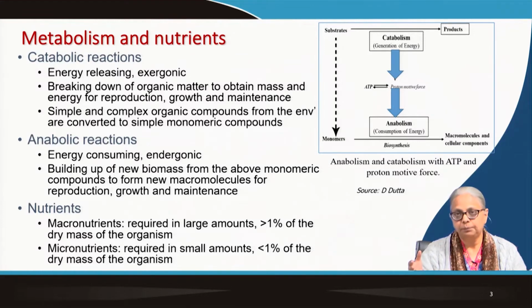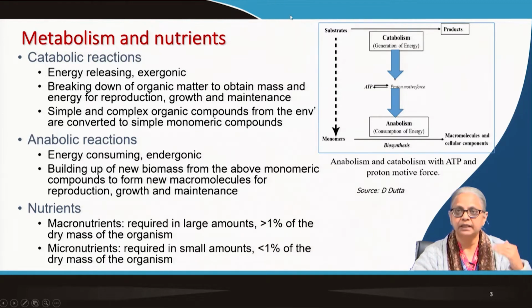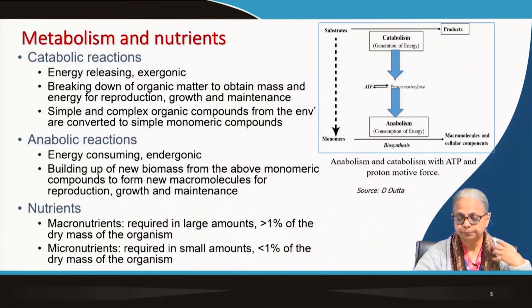They are biological polymers. They have to be broken down first into their monomeric units. This process of breaking down large molecules into monomeric units is an energy releasing reaction. So these are catabolic reactions as shown in the figure over here. Energy is released and therefore they are called exergonic reactions.